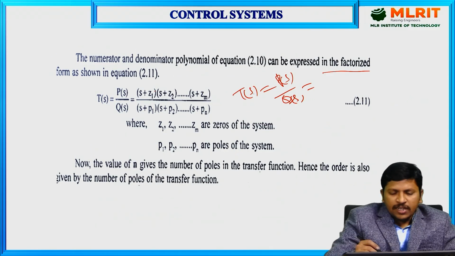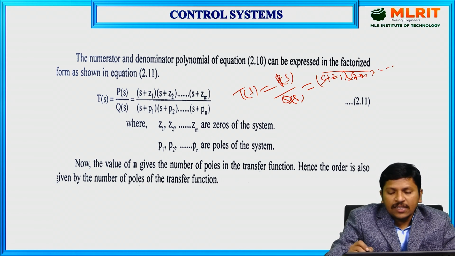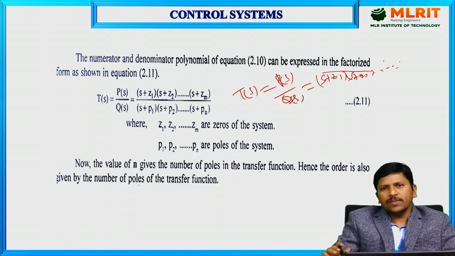The numerator terms, s plus z1, s plus z2 and so on, indicate the zeros of the system.